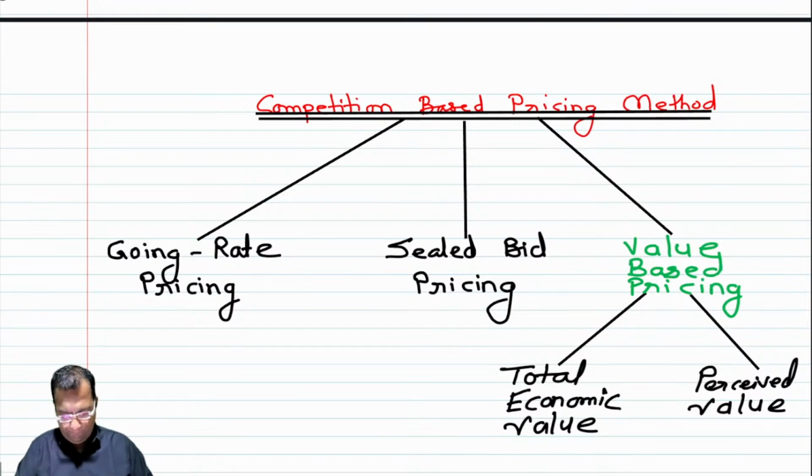No. If I'm following competition-based pricing method, my own cost or demand may change or may not change. I will not change my sale price if there is no change from the competitor. But if competitors are changing their price, then I will change my sale price. If there is a change in my own cost and demand but no change from the competitor, I will not change the sale price, because strictly I am following the price charged by my competitor.